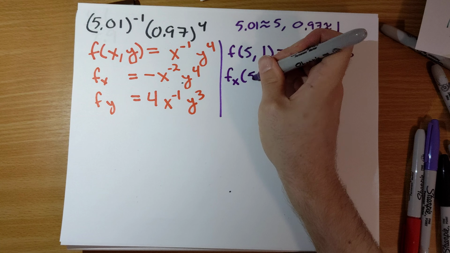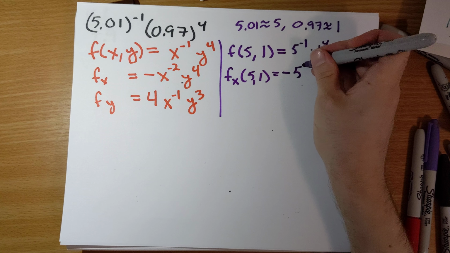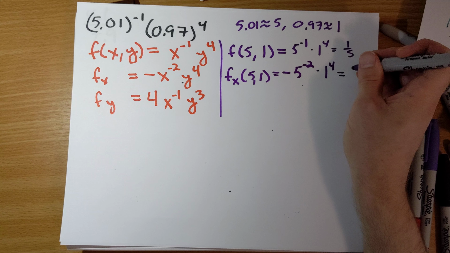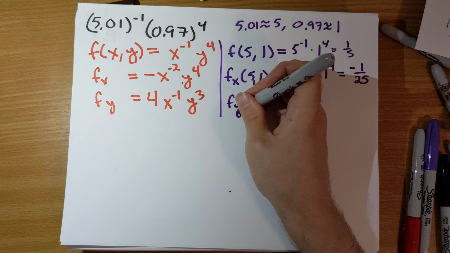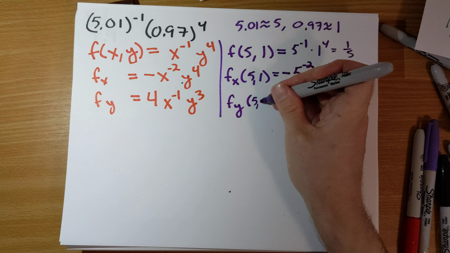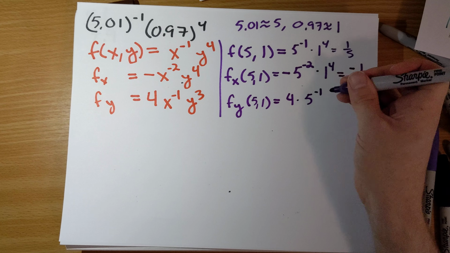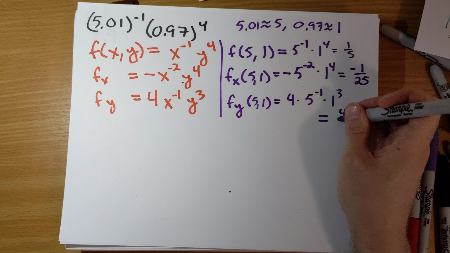F sub x of 5, 1 is negative 5 to the negative second power times 1 to the fourth. So that is minus 1 over 25. And the y partial derivative, evaluated at 5, 1, is 4 times 5 to the negative first power times 1 cubed. That is going to be 4/5.